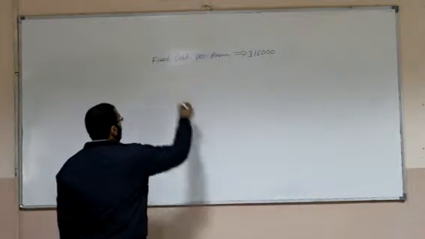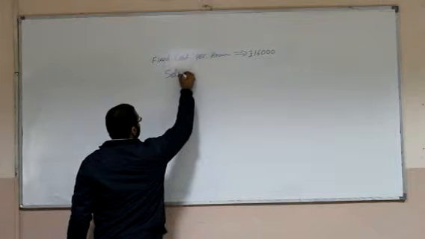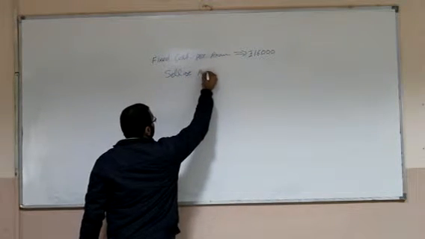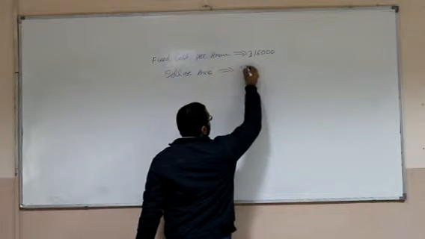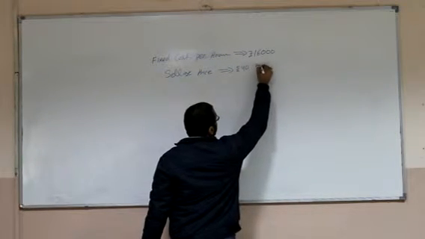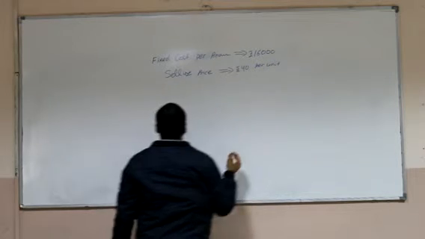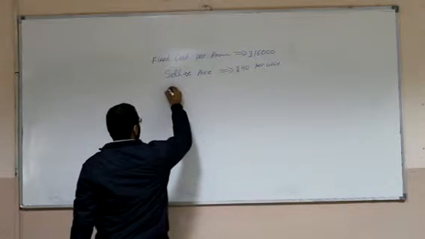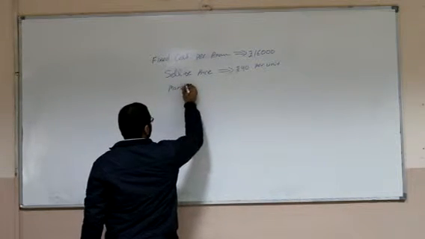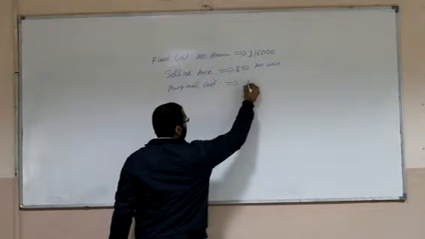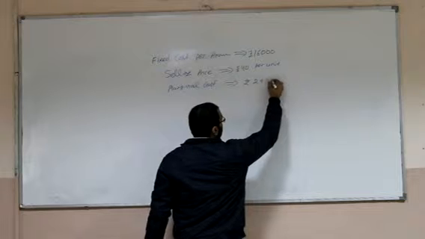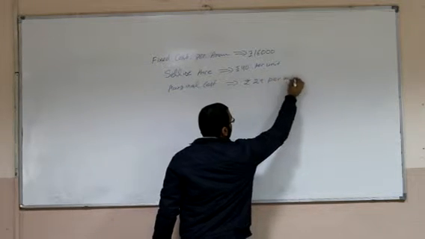Selling price is 40 rupees per unit. Marginal cost, that is variable cost, is 24 rupees per unit.